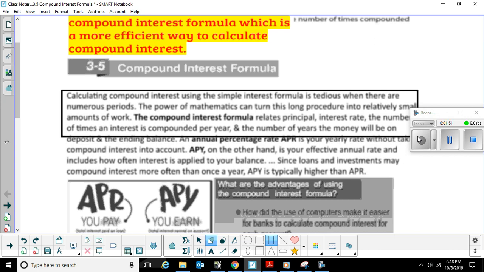Thus, we have the compound interest formula, which relates principal to interest rate, the number of times interest is compounded per year, the number of years that the money will be deposited, and the ending balance.